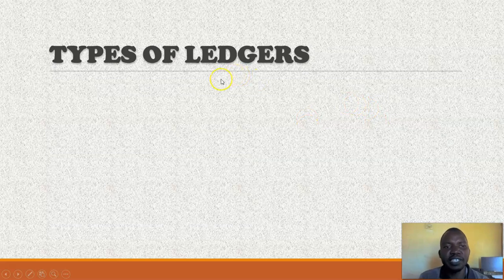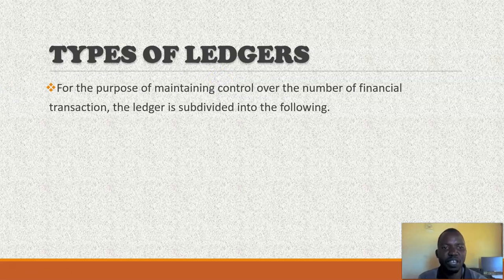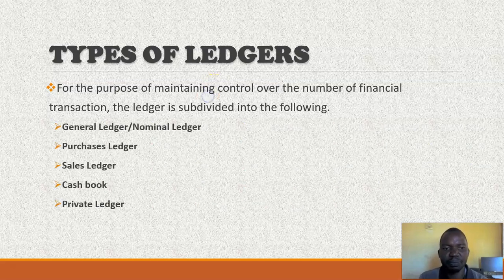Now let's look at the types of ledgers. For the purpose of maintaining control over the number of financial transactions, the ledger is subdivided into the following. 1. The general ledger.